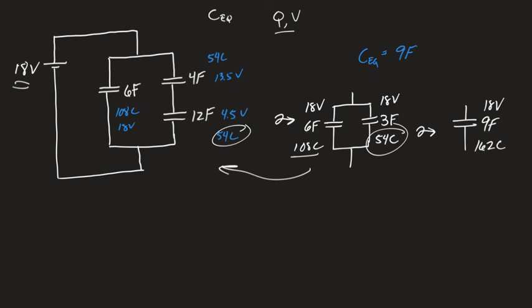Those capacitors in series don't actually get 108 coulombs of total charge moved to them. They get 54 coulombs of charge taken off this plate and deposited on this plate. So just be careful. It's not 54 plus 54 on the right side for total charge.